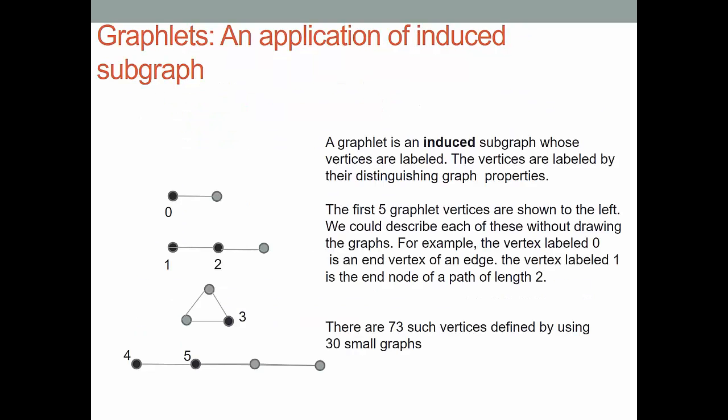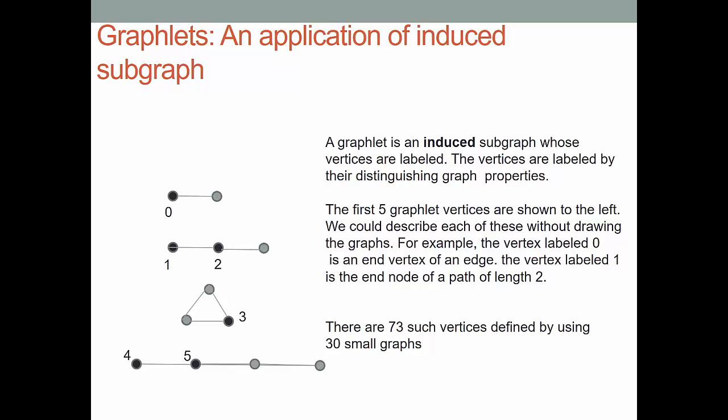So these are the first 4 graphlets. The first graphlet, there's one distinct node, so it's labeled 0. Starting with 0, we count up. The second graphlet has 2 distinct nodes, the central one and one of the peripheries. The third graphlet, the triangle, only has 1 distinct node, so it receives the next label of 3.